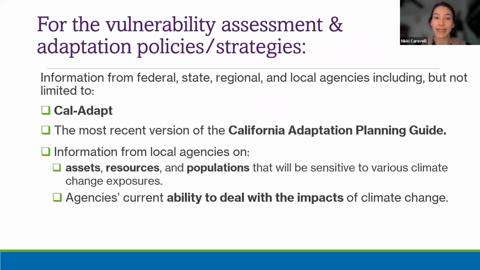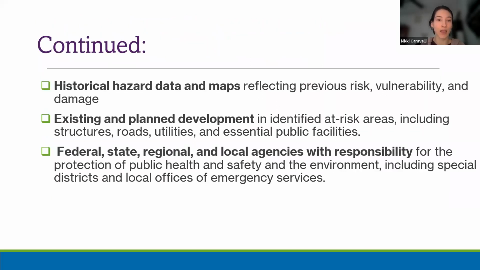Next slide, please. I'm not going to get super into detail here, but there is specific information that is required to be reviewed as part of this process, such as the CalAdapt climate projections tool and the Adaptation Planning Guide. Next slide, please. Looking at local hazard data, planned development, and local agencies.